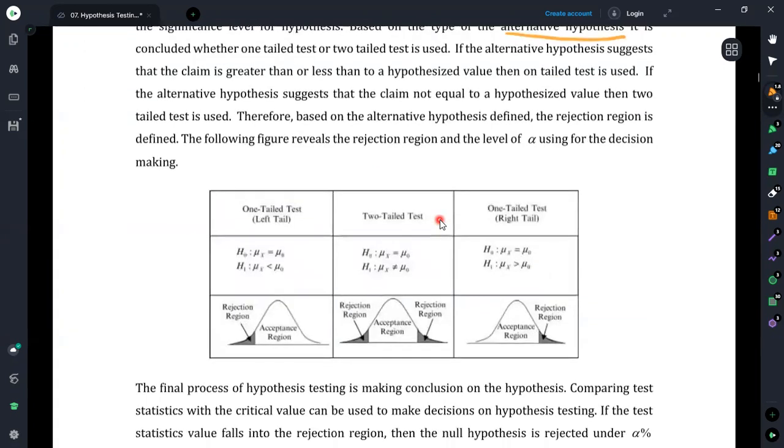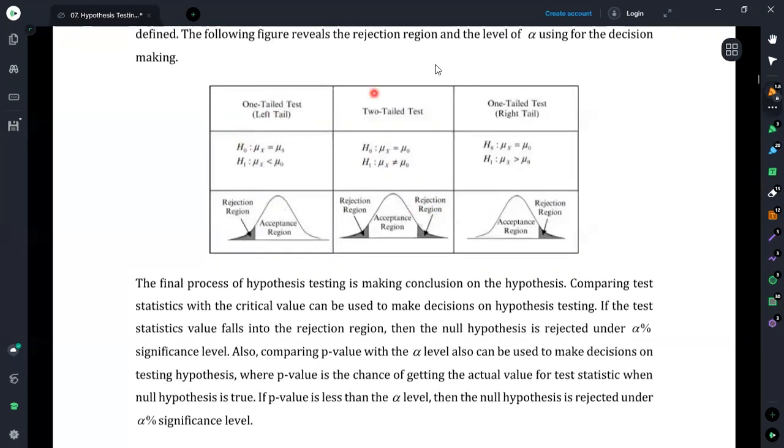And here I have mentioned in the table below, finding out the rejection region. Suppose that you are having your hypothesis in this way. Generally, if the alternative is less than, the null hypothesis should be greater than or equal. But sometimes if you are using software, you can see it as equality only, but they are always asking for the alternative.